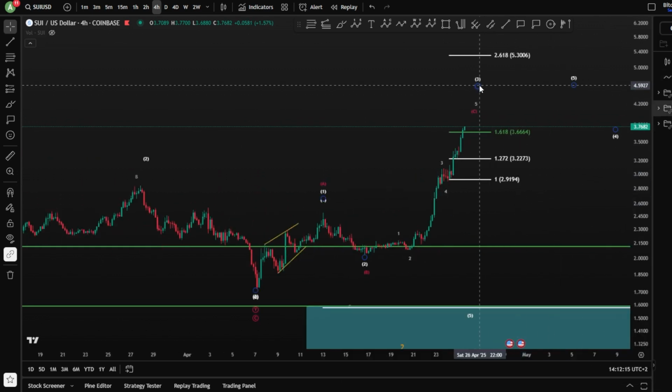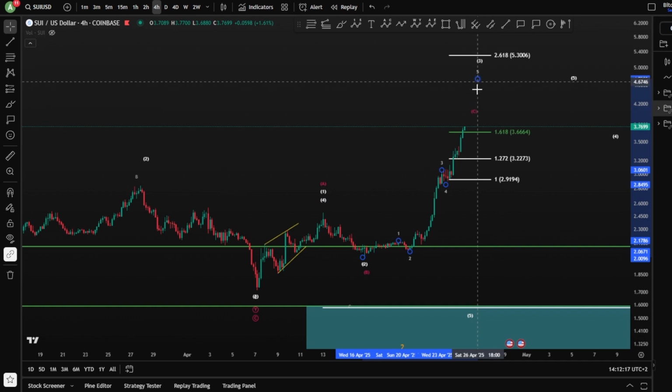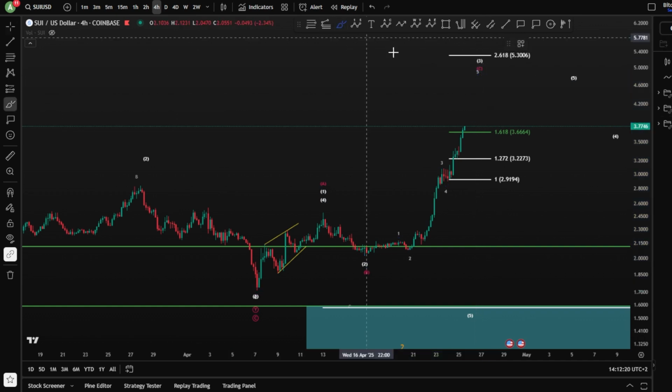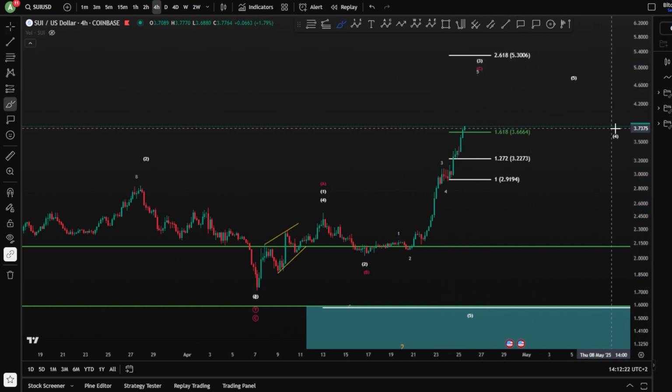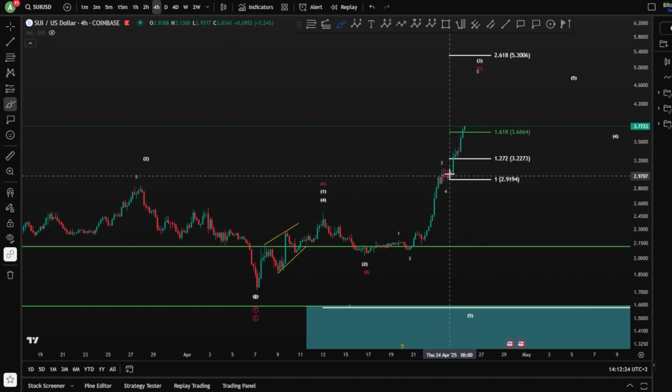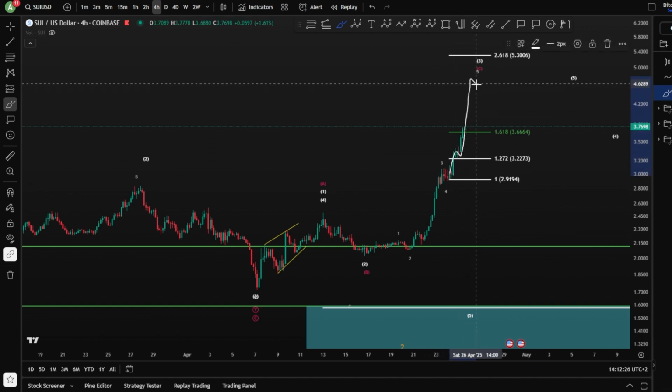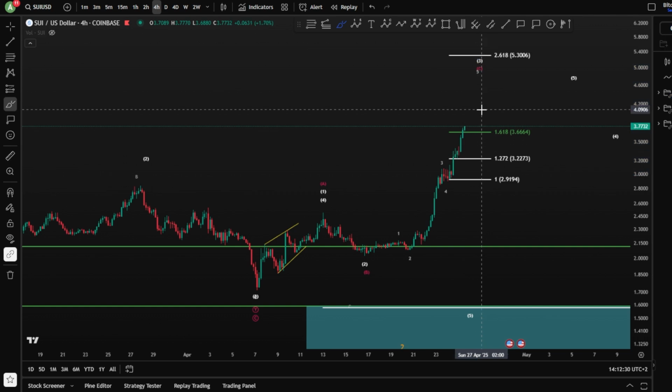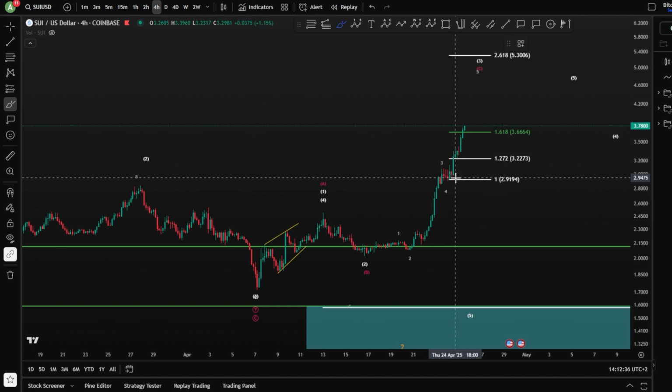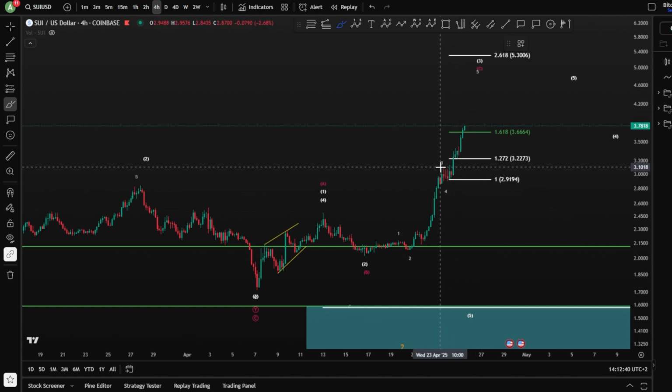For SUI is very bullish, and potentially guys your next target might be the 2.618, $5.3, which is a massive move of course for SUI if this happens. 1 2 3 4 and a 5 can be possible, guys, and everything is possible. So look, when the impulse starts to make extensions, there is no limit.